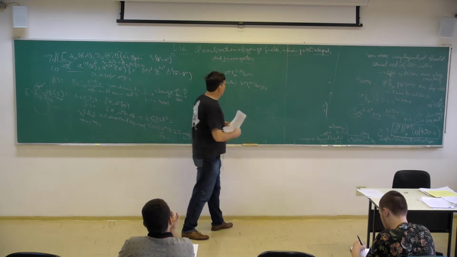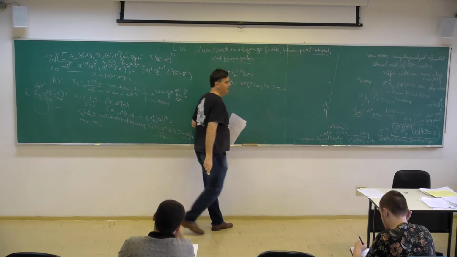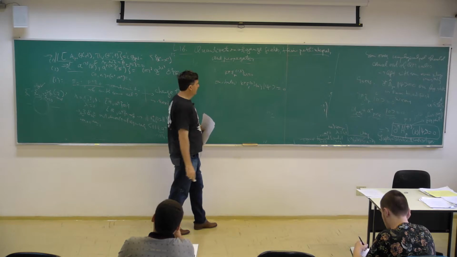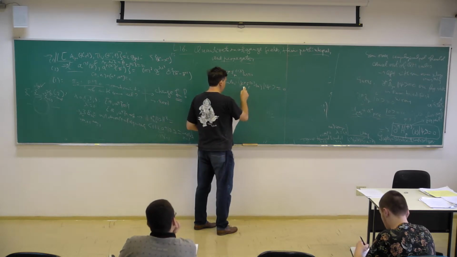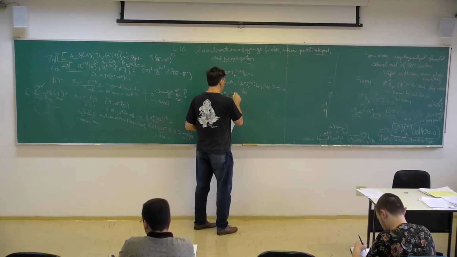So then on states, the condition becomes this one. But given this, what happens is really I have k mu A mu lambda equal to 0. First, let's write it like this.